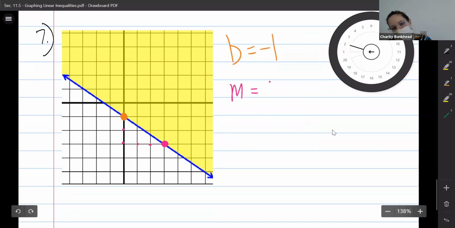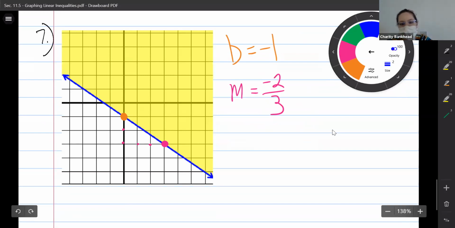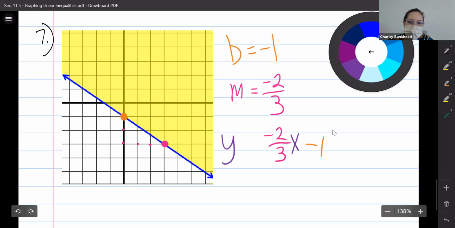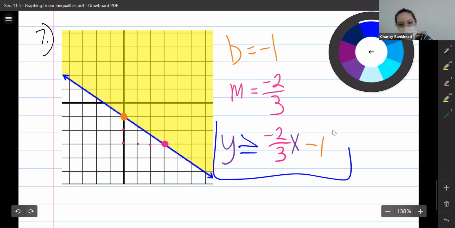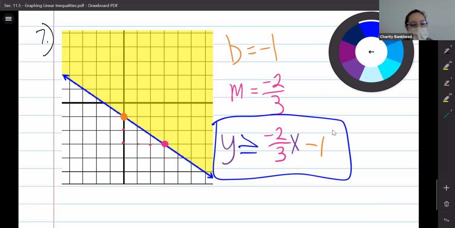So m equals -2 over 3. And the shading is above, so that's greater than, and it's a solid line, so that's greater than or equal to. So y is greater than or equal to -2/3 x minus 1.